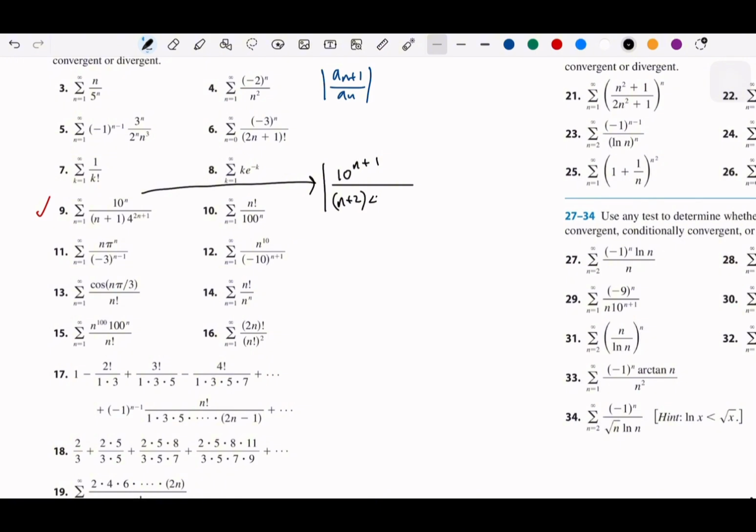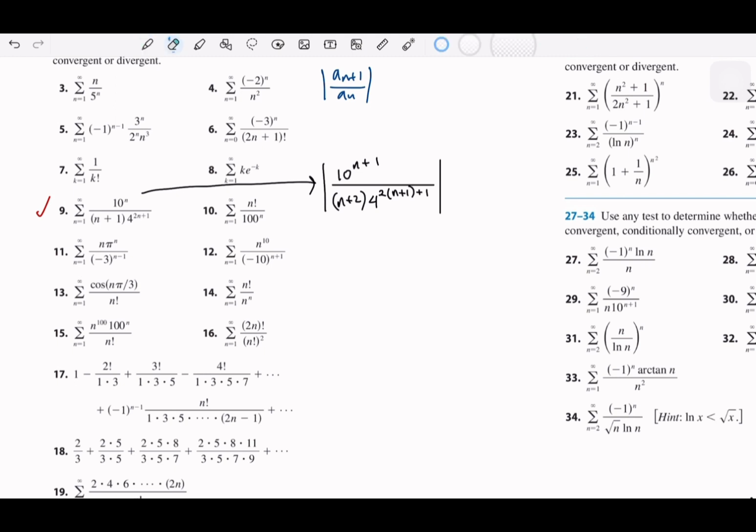And then 4. And this is, I think, where students make a mistake a lot. 2n plus 1, we need to write 2n plus 1 plus 1. I know students make mistakes here because usually I give this in the exam.